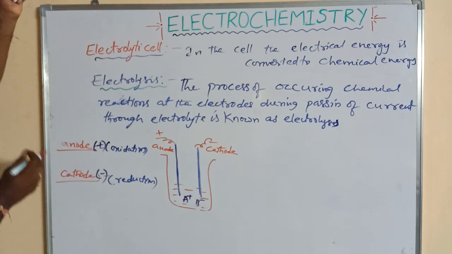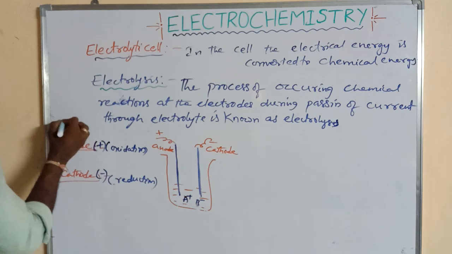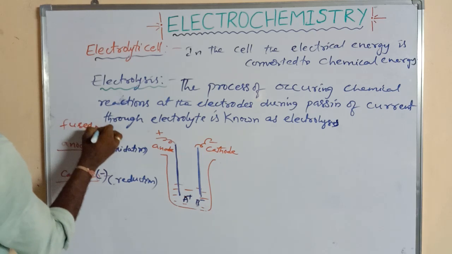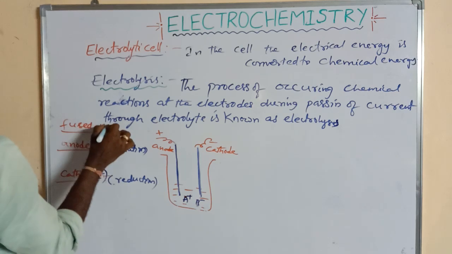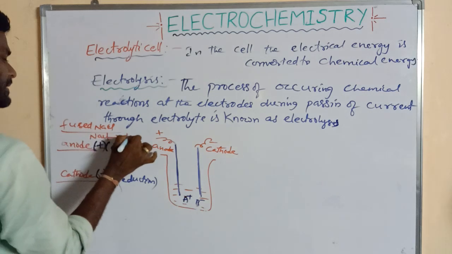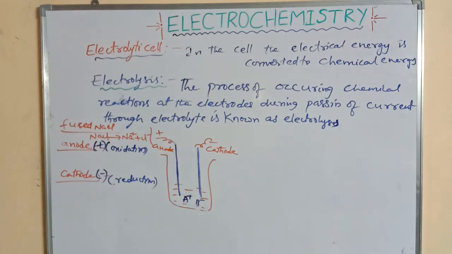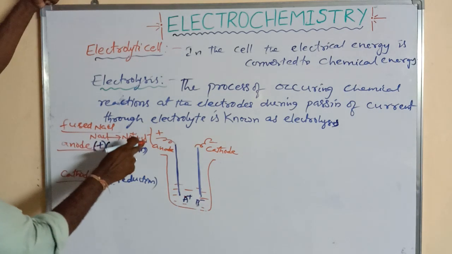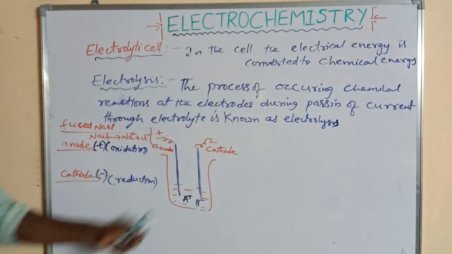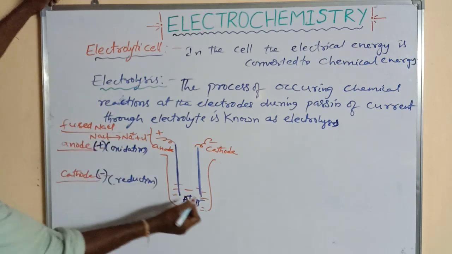First of all, suppose we take molten or fused NaCl. NaCl is ionized to Na plus and Cl minus. The positive ion Na plus migrates to the cathode and Cl minus migrates to the anode.